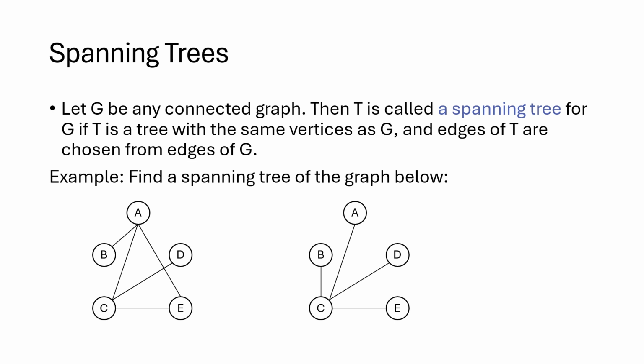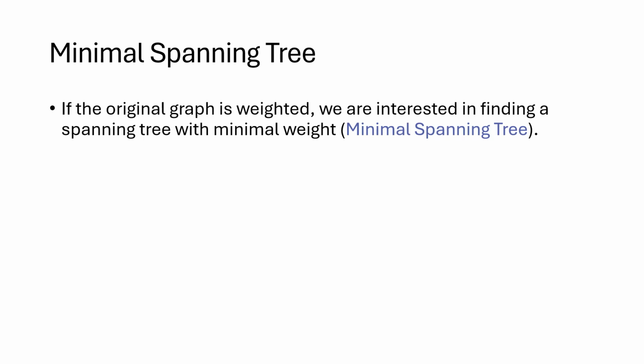But we want to minimize the total sum of the weights. Now, if you imagine weight here in this example could be the cost of maintaining the roads, right? So we want to minimize the cost by removing the edges that are costly. Okay, and in that case, what we end up with is called a minimal spanning tree.